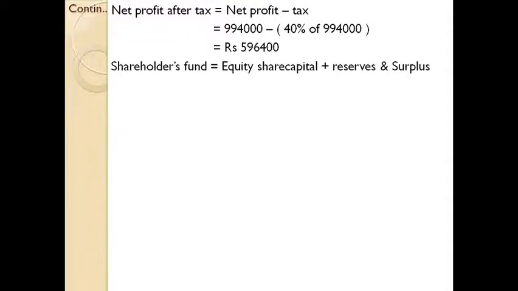Now you need to find the denominator part, that is shareholders fund. I hope you all remember the shareholders fund equation. We have been dealing with the same part again and again in the previous classes. Shareholders funds include equity share capital plus preference share capital plus reserves and surplus, plus or minus profit or loss. That was the equation. In this question there are only details regarding equity share capital and reserves and surplus, so I am using those two items alone.